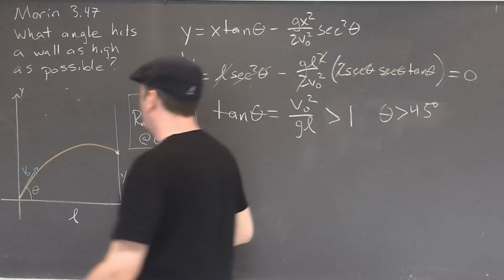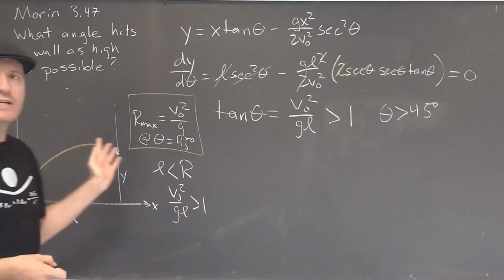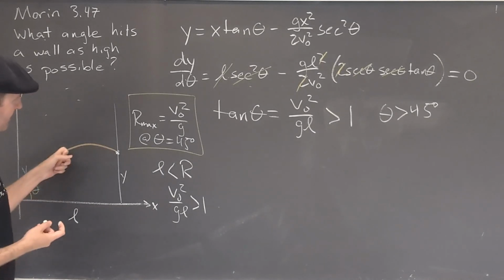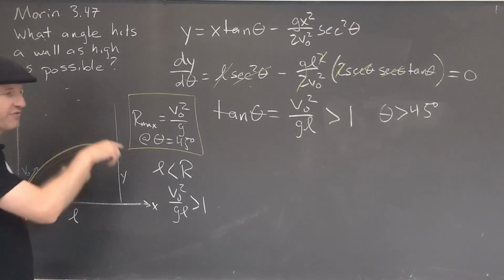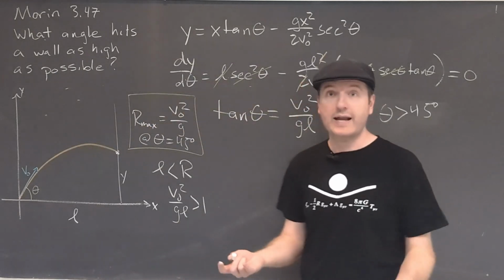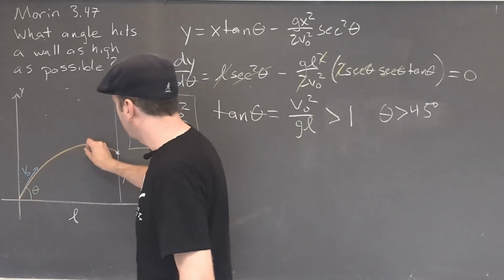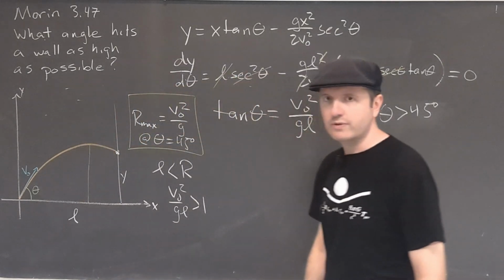The other thing we might want to know is, well, where in the trajectory does this actually hit? The way I've drawn it, it makes it look like we hit the wall after we've reached the maximum height. That actually is true, but let's see why that is. Well, notice that here, the halfway point is R over 2.